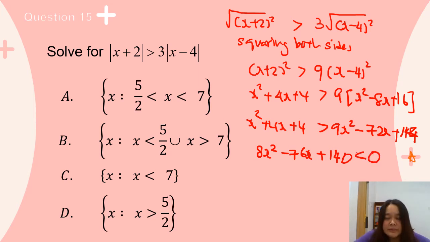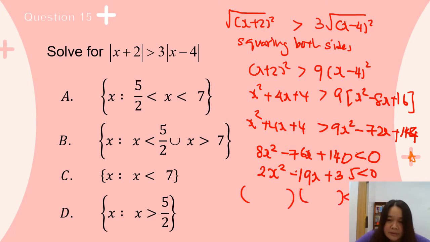Okay, so we may simplify by 4, giving 2x squared minus 19x plus 35 less than 0, and we factorize.